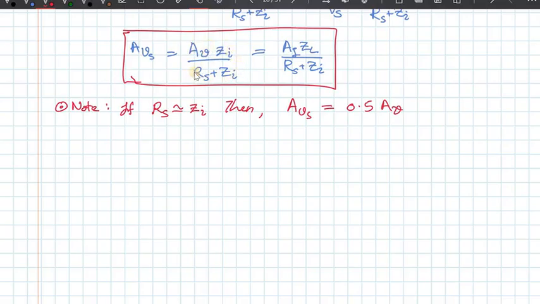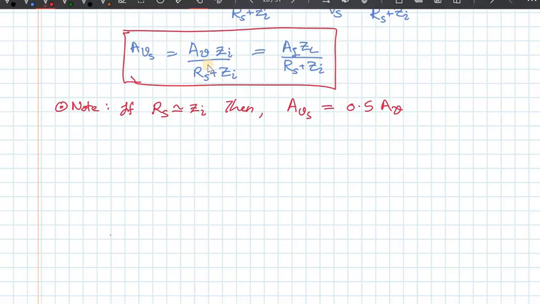So if you have a large output impedance for a voltage source, in the same order as the input impedance, then half of the voltage gain is going to be lost. You are only going to have half the voltage gain. In other words, half the voltage is dropped across my Rs. This is the reason why it drops.